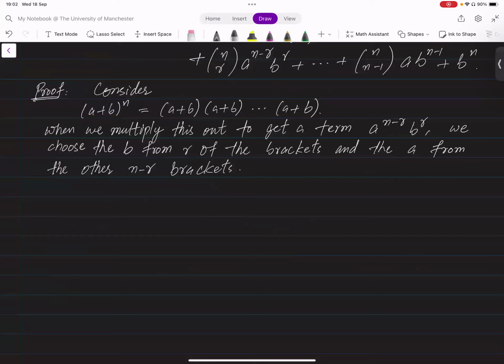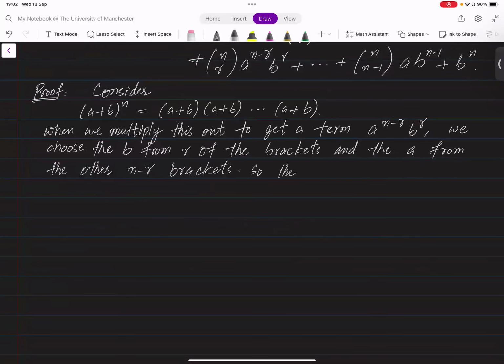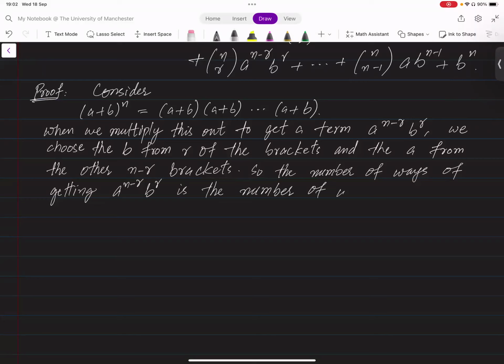So the number of ways of getting a power n minus r, b power r is the number of ways of choosing r brackets from n, and hence it is n choose r.